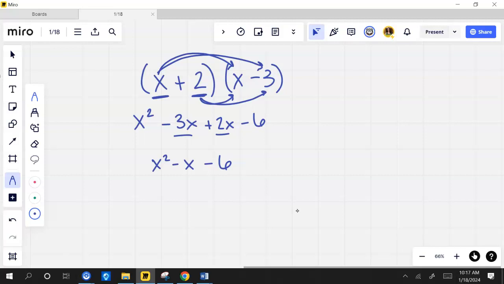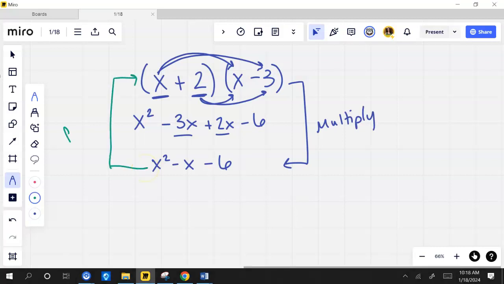Now, to go from here to here, I multiply, right? But what we're going to do is go from here to here, and to do that, we factor. The way that I am going to show you to factor does these exact same steps in the reverse order.